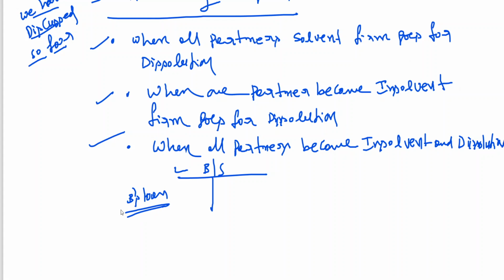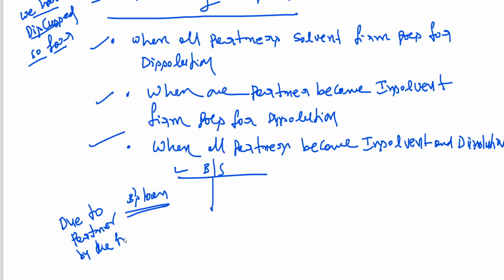I think it was a slip of the tongue. If anybody has a doubt, B's loan on the liabilities side means due to partner. Simple. It's a liability due to the partner by the firm.